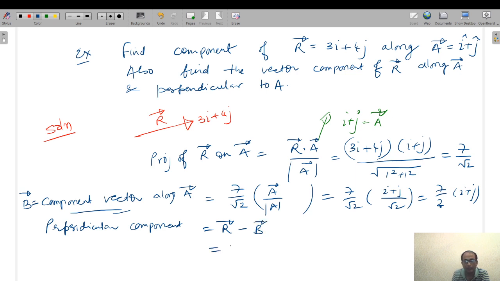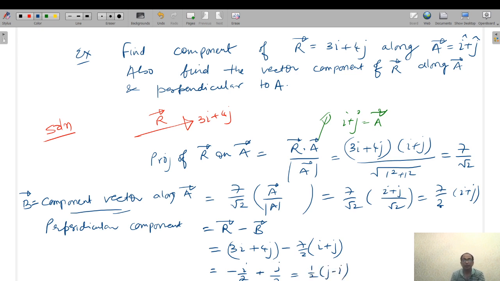R vector is 3i plus 4j minus 7 by 2 (i plus j). So this is minus i by 2 and plus j upon 2. So this is your answer: half (j minus i).